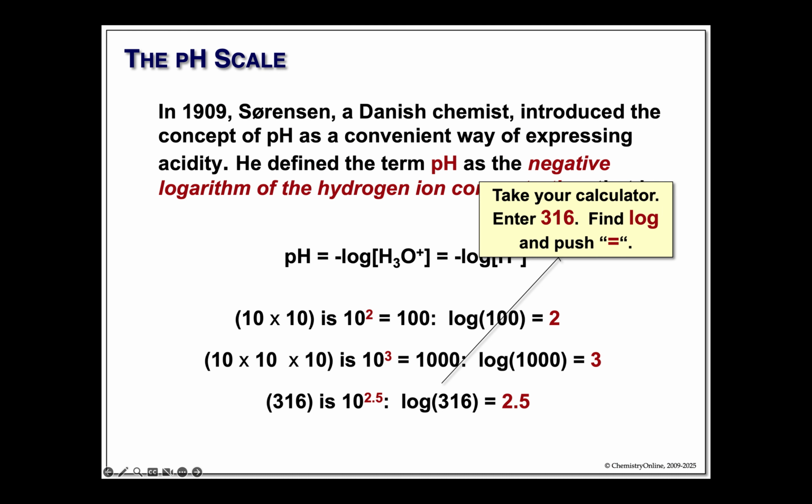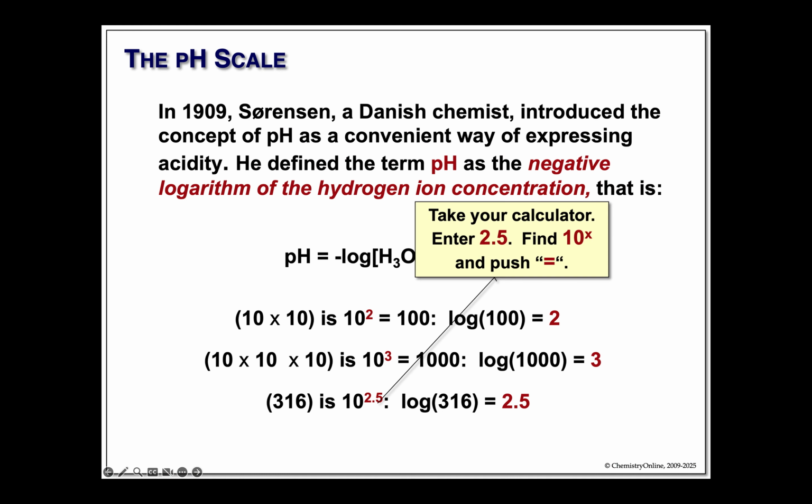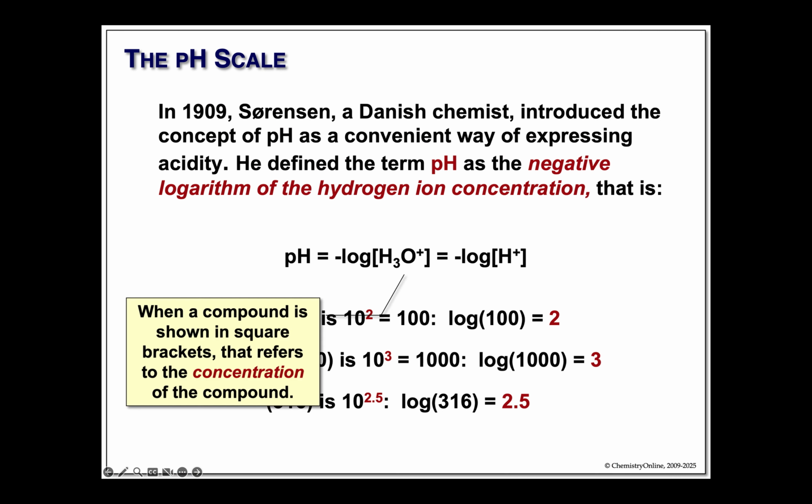Go backwards, enter 2.5, 10 to the x, you should get 316. One more time. Whenever you see something in square brackets, that's molar concentration. All right.